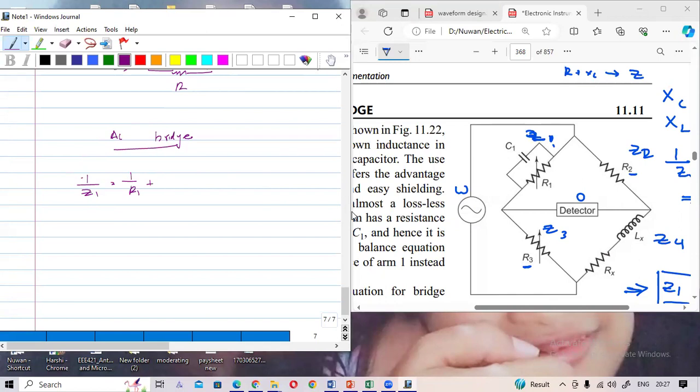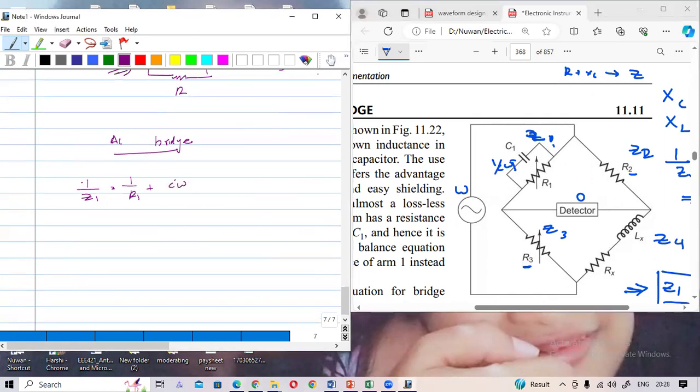Here that is 1 over C omega j, so 1 over 1 over C omega j will be C omega j. Then you can find Z1. Z1 is equal to, here you can get the common denominator. Then R1 once it goes up, it will be R1 divided by R1. Sorry.